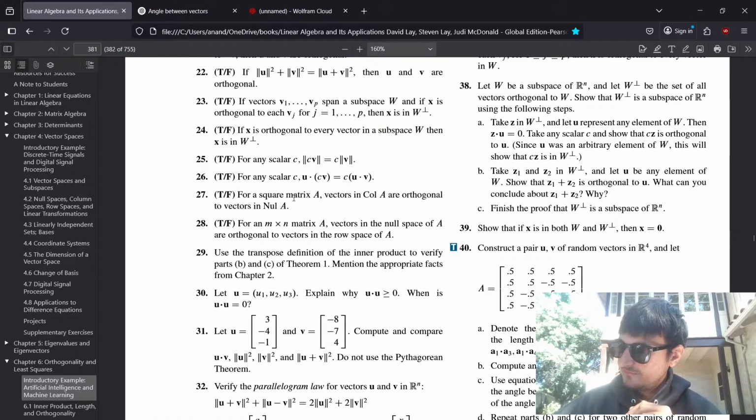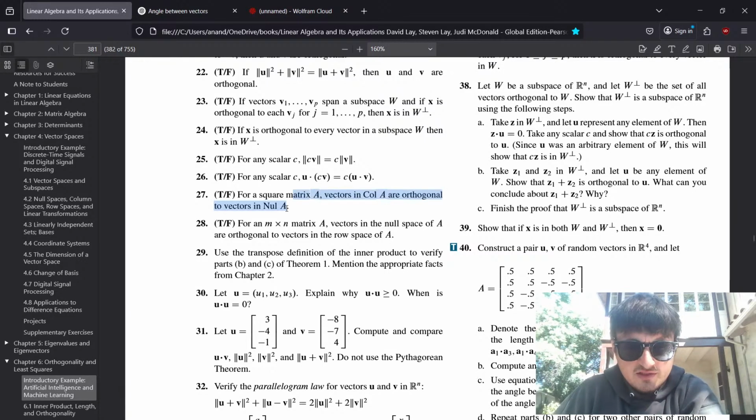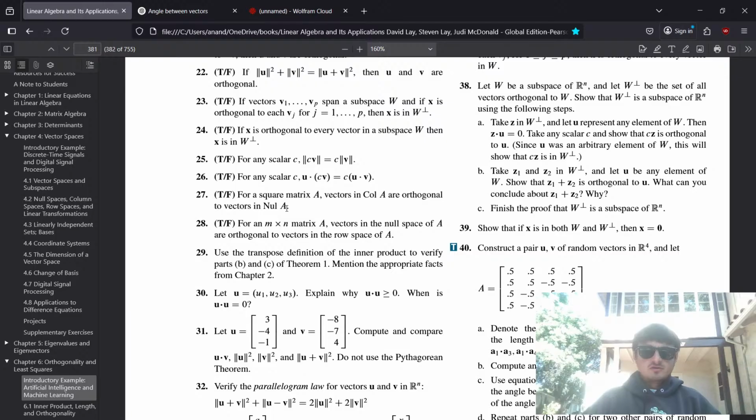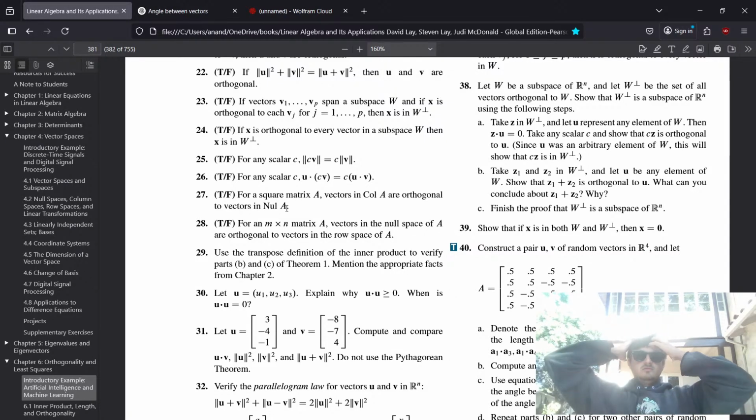Okay, 27. For a square matrix A, the vectors in col A are orthogonal to the vectors in null A. Ooh.